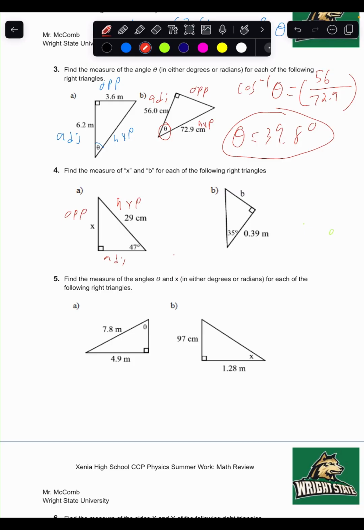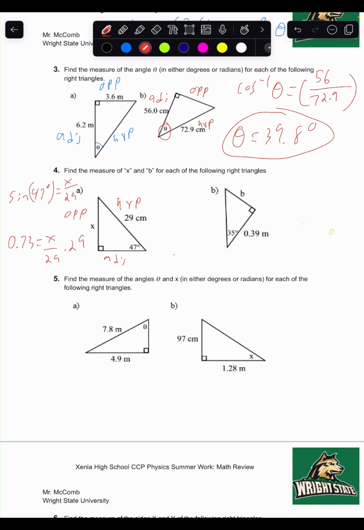Okay, so I want the opposite. I have the hypotenuse, I have the angle. Opposite and hypotenuse is going to be sine, so I can write this as sine of 47 degrees equals opposite over hypotenuse, x over 29. Sine of 47 is going to be a number between 0 and 1, 0.73. 0.73 equals x over 29.